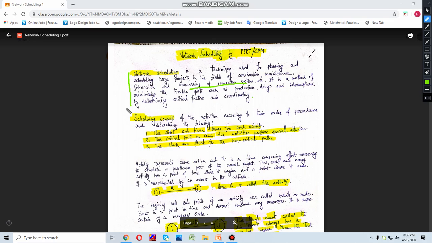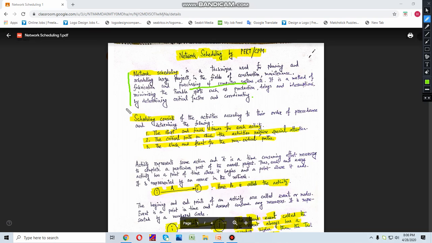First of all, coordination is extremely necessary, and then you have to schedule these activities in a specific order so that you can properly utilize your time and no time is wasted. Here comes the importance of network scheduling.